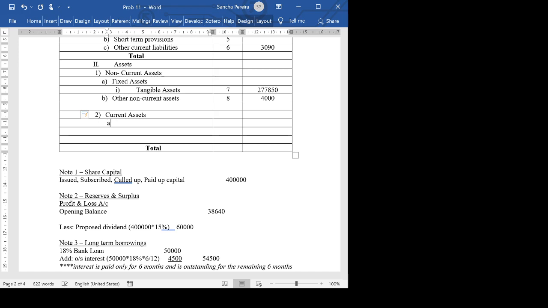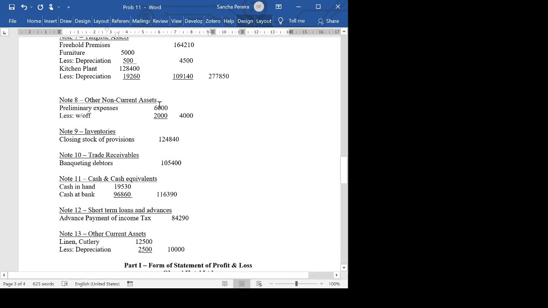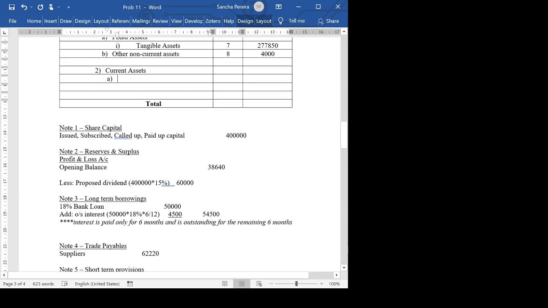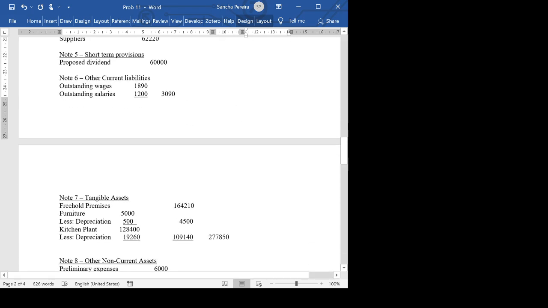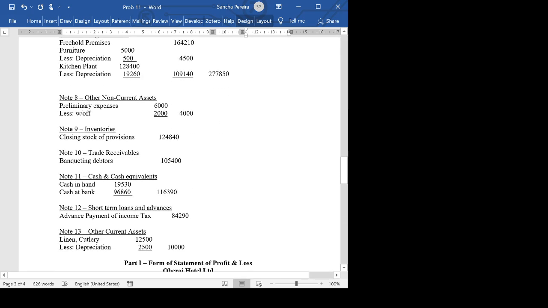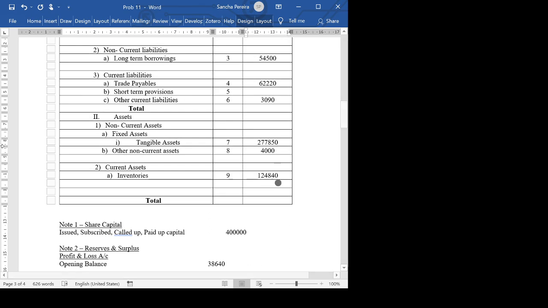Now under current assets, I think the first thing that we have is inventories, note number 9, 124,840. Then we have trade receivables, 1,05,400.